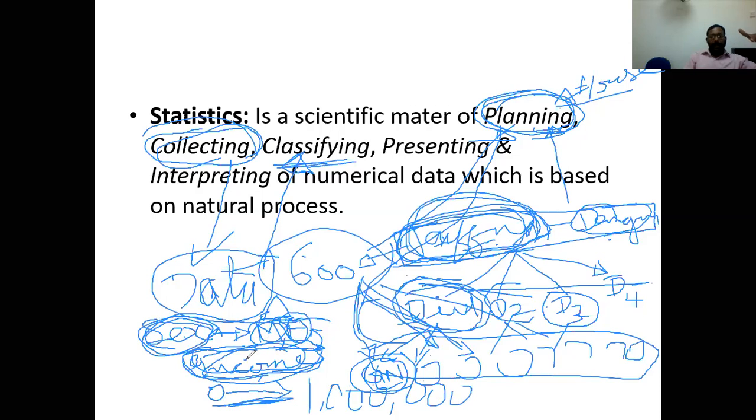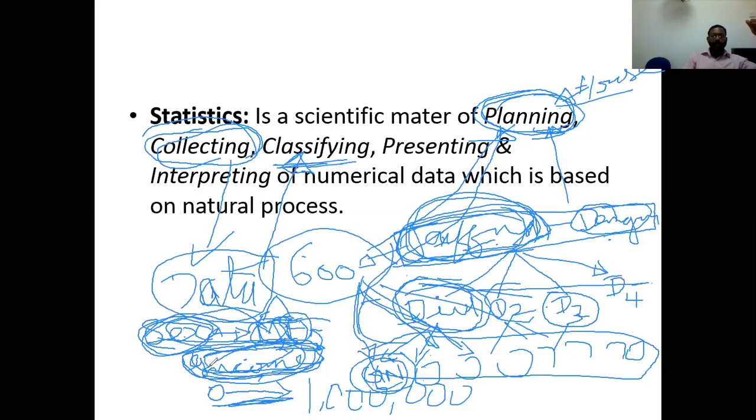What is the problem in statistics? If I have sex data and income data, I cannot apply the same statistical analysis for both variables, right? This is a categorical variable. This is a continuous variable.